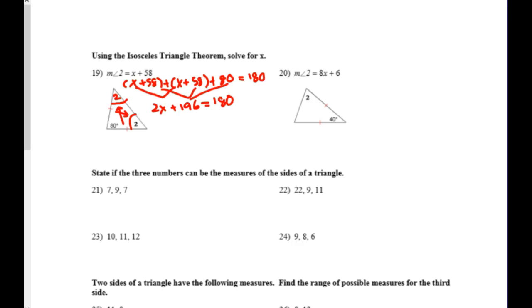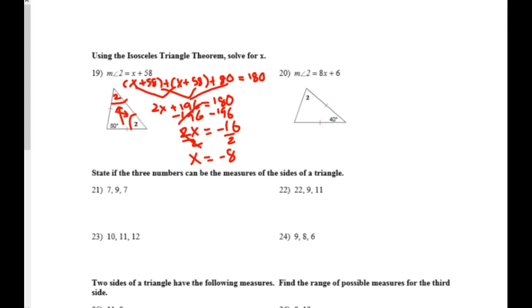And that equals 180. And then what are we going to do? Get rid of the loner and divide. So to get rid of that 196, we subtract, and then we divide, and we get x equals -8. So it's totally okay for x to be negative. When you plug it back into the angle, it's going to be a positive angle.